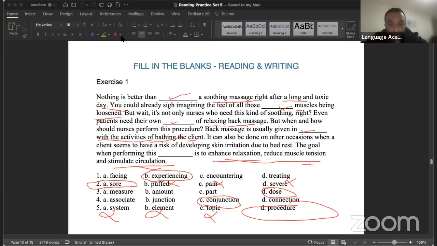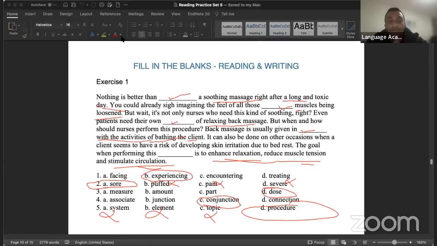Third one, what was the third one? Yeah, because he's talking about needing their own dose of relaxing back massage. Since he's talking about treating these patients, that is sort of like a remedy or medicinal massage which he is giving them by a relaxing back massage. You are curing them. So that is why, in a medical term, we will say dose of back massage.